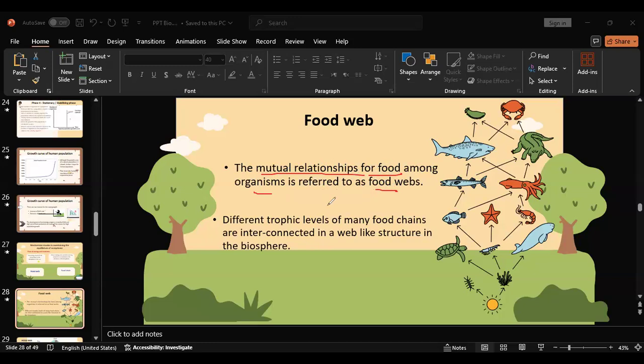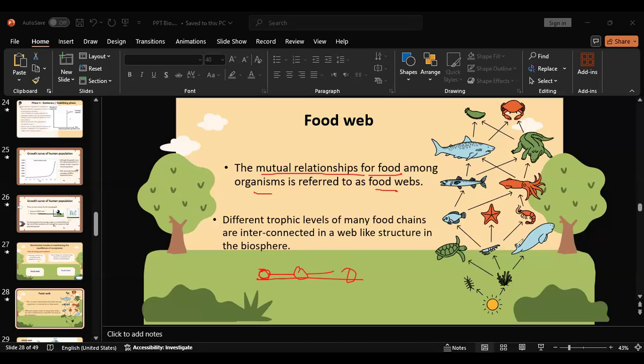Here is the picture; you can see there is a food web. Normally one chain is a food chain. You have studied in the previous grade also: there is a plant, one is eaten by something, another is eaten by something, that is a food chain. A lot of food chains make a complex web, that is the food web.